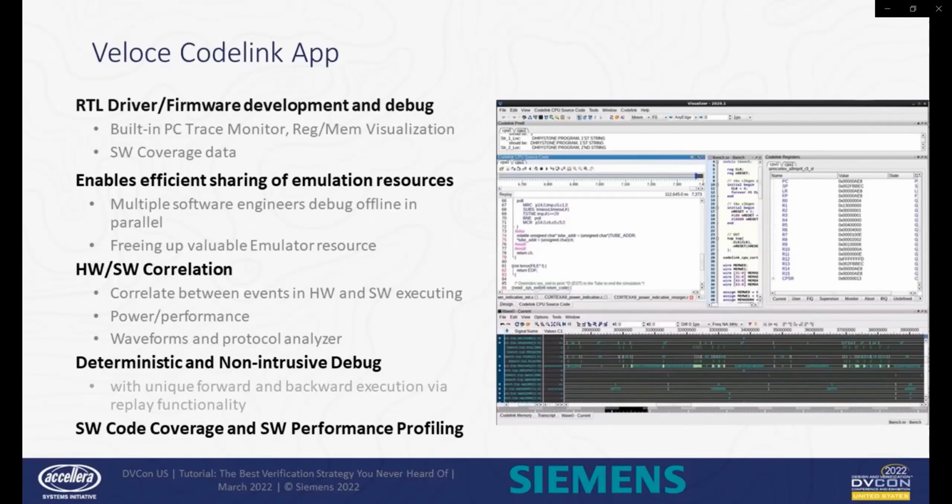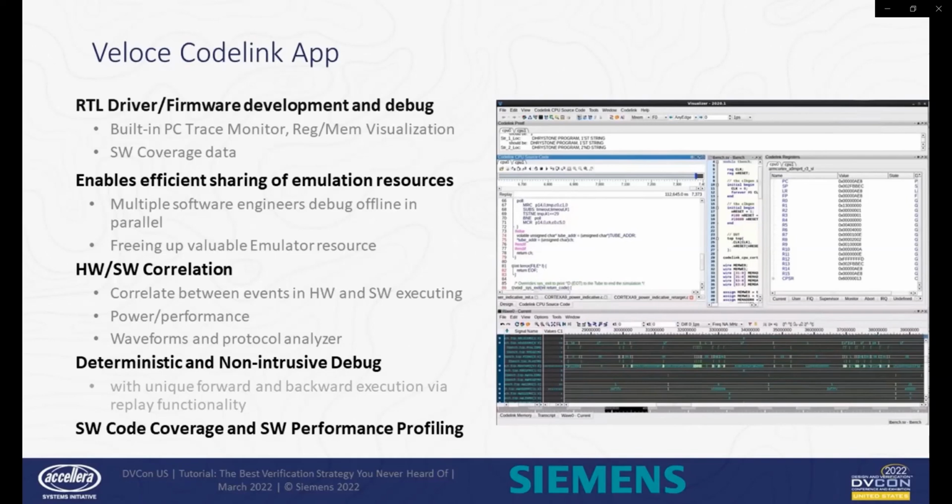The setup is simple and easy. You only need to add a monitor to your testbench. CodeLink allows you to perform your software debug offline, freeing the expensive emulator for other work. We've also made modifications to CodeLink to support large output traces that will come with the emulation.